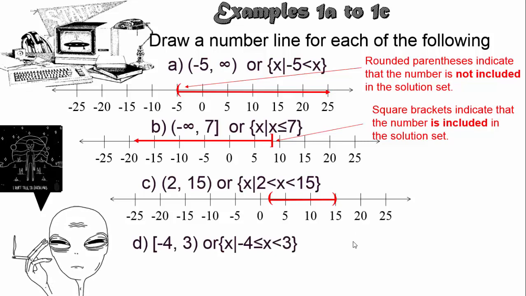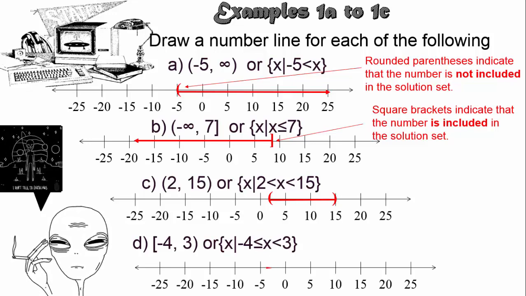In example D, we have square bracket -4, 3, round bracket, or in set builder notation, x, where negative 4 is less than or equal to x, which is less than 3, curly bracket. So here's how we would draw this one.